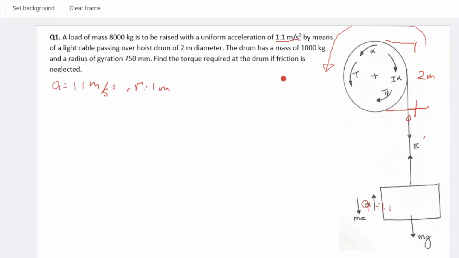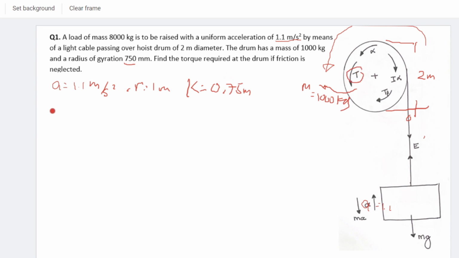And then the drum has a mass equal to 1,000 kilograms. The radius of gyration, K, is equal to 750 millimeter, or we could say 0.75 of a meter. Now we are asked to compute the torque.